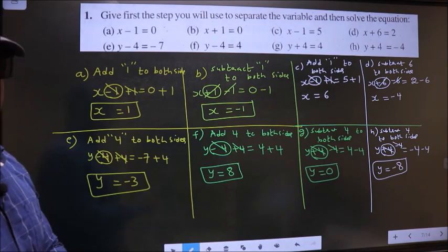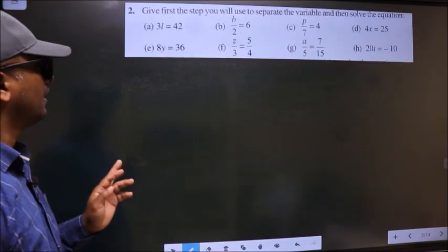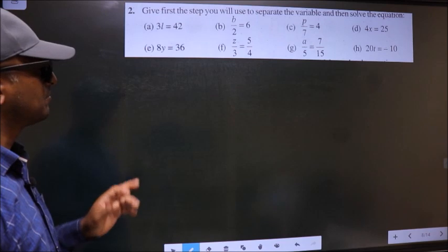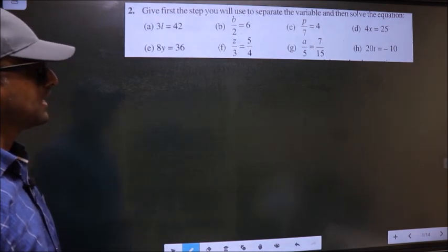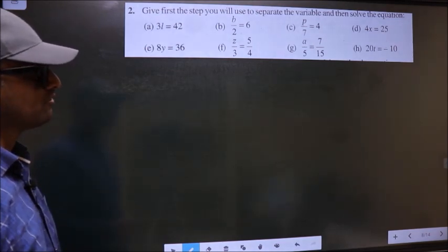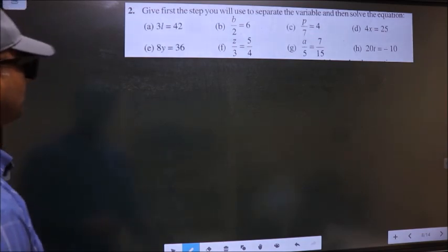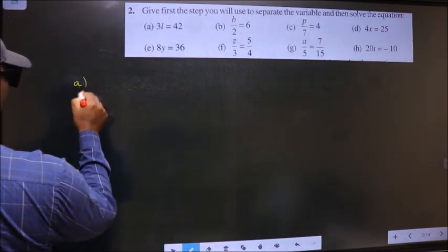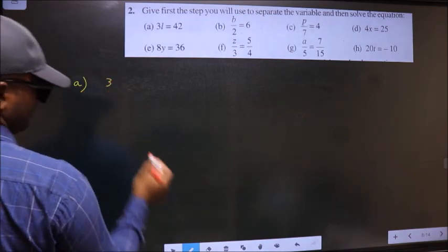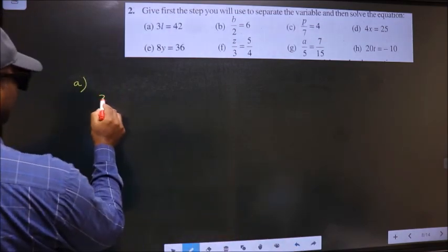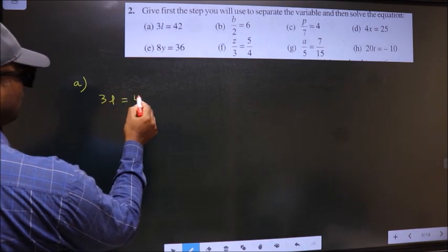The question is completed. Give first the step you will use to separate the variable and then solve the equation. How do we do that? See. A. 3L equal to 42.